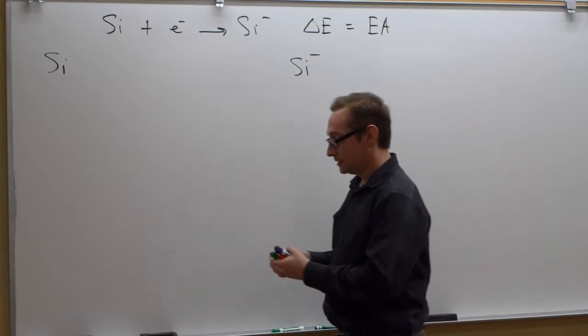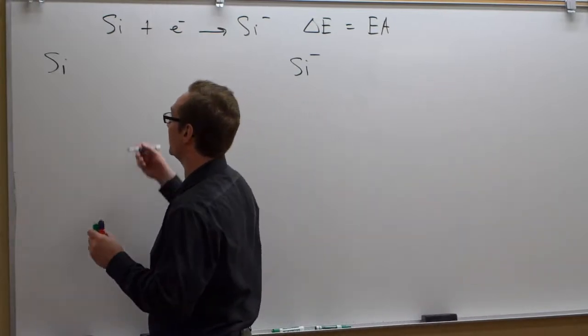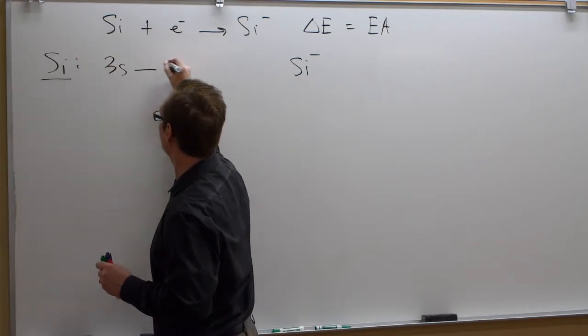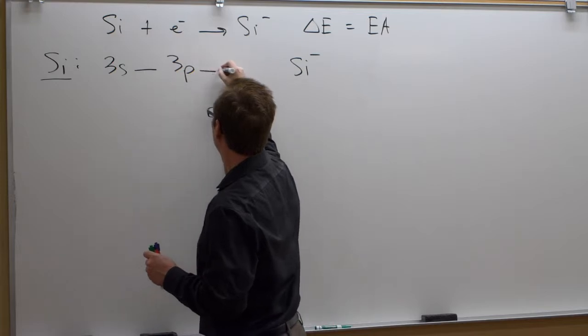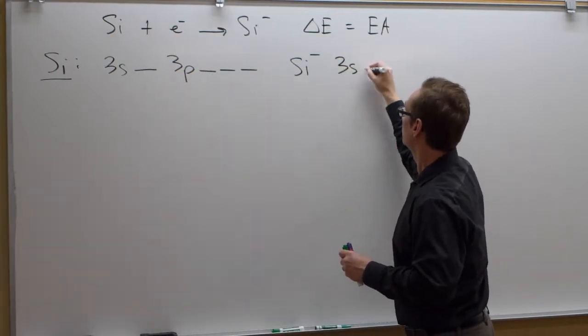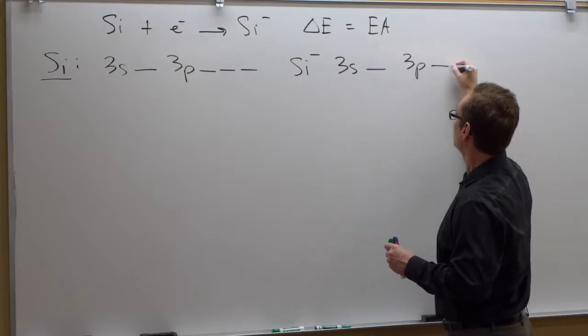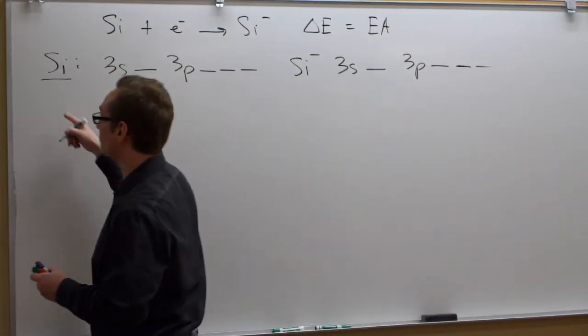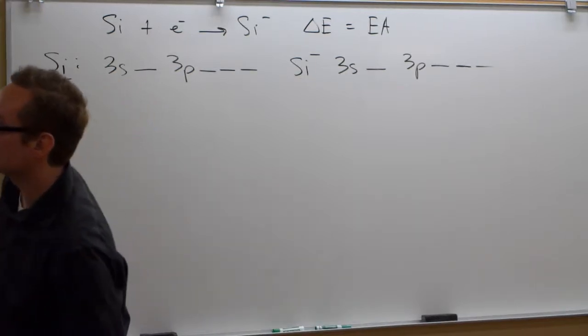All right. So let's look at the orbital diagram. So we have 3s, 3p, we'll just do all these, right? We got chlorine.